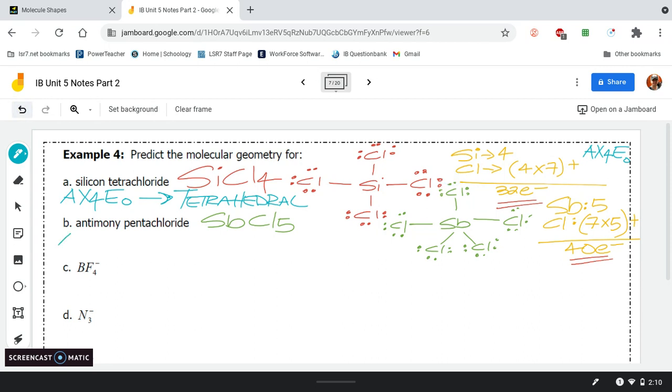So the antimony is an A. The chlorines are the X's, so there's 5 of them. And the E0, because remember, there are no dots on the central atom, so there's no E's. So AX5E0, we're going to look that up.